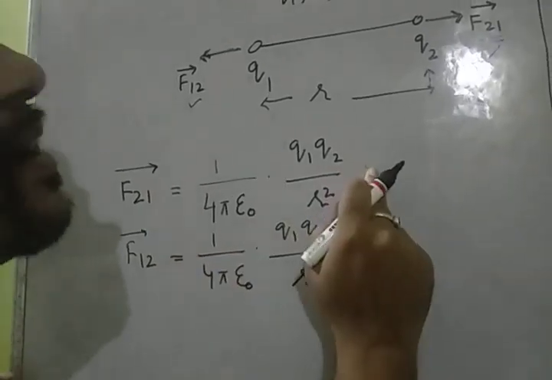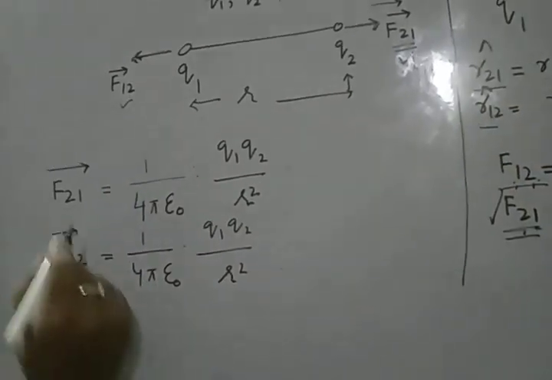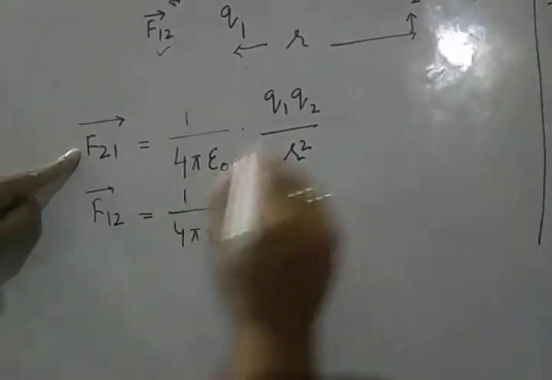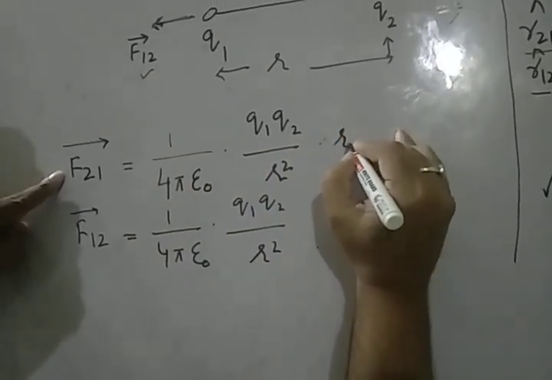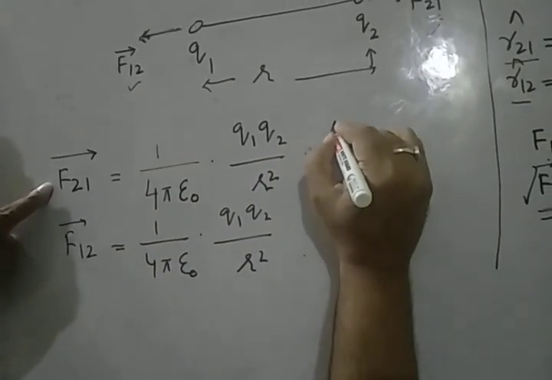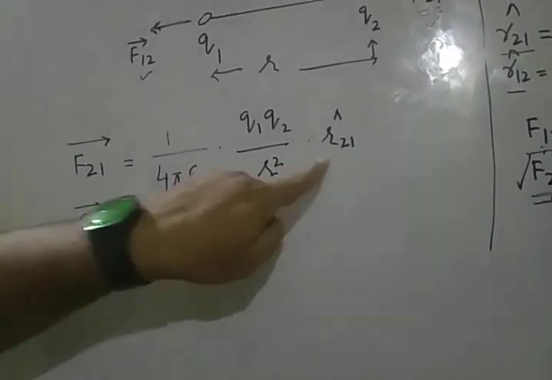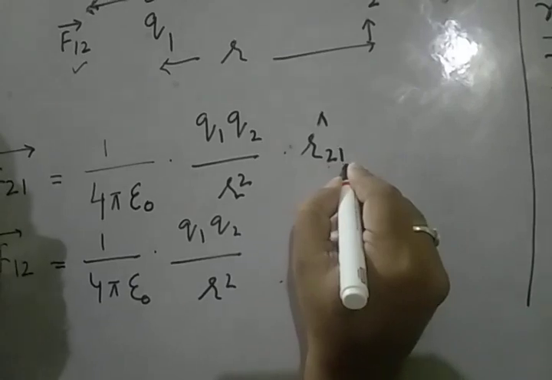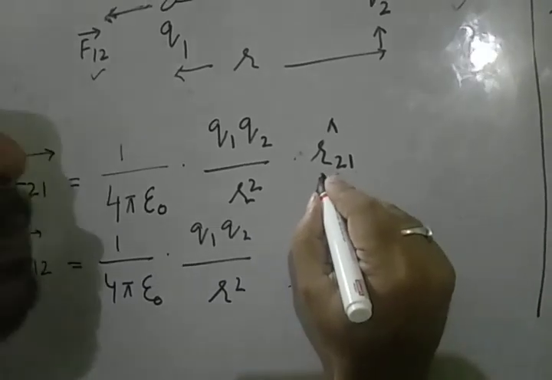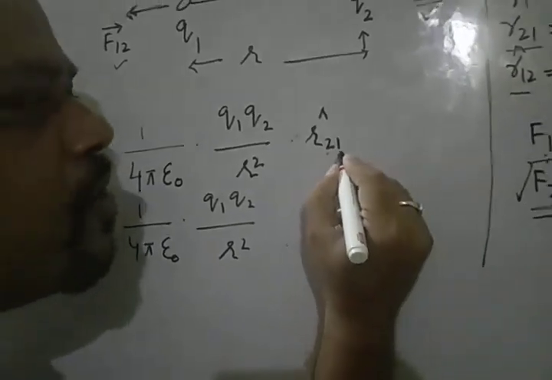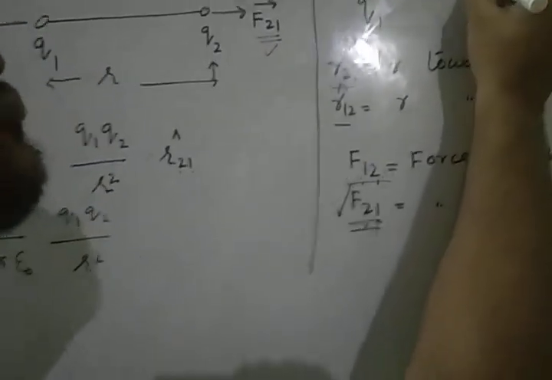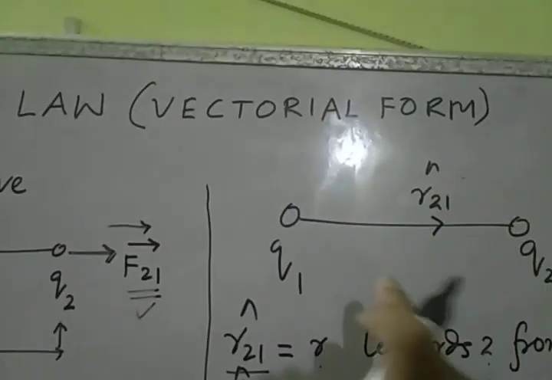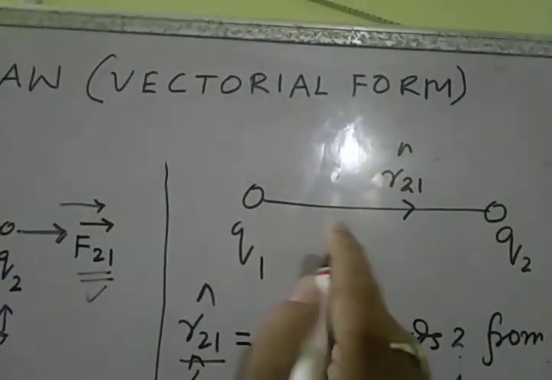Now we have to apply the concept of position vector. So F21 is a vector. This is into R21. See, this is the position vector. What is R21? R towards first digit from second digit. That means position vector towards 2 from 1. This is R21. See, R towards 2 from 1.